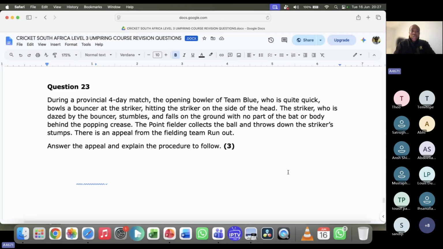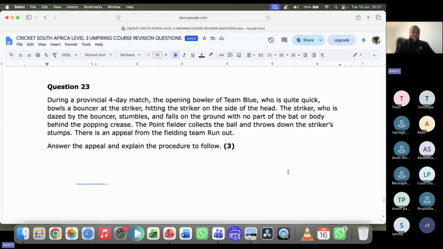The striker, who is dazed by the bouncer, and this is probably the critical part of this scenario, stumbles and falls on the ground with no part of the bat or body behind the popping crease. The point fielder collects the ball and throws down the striker's stump. There is an appeal from the fielding team for a run out. Answer the appeal and explain the procedure to follow.